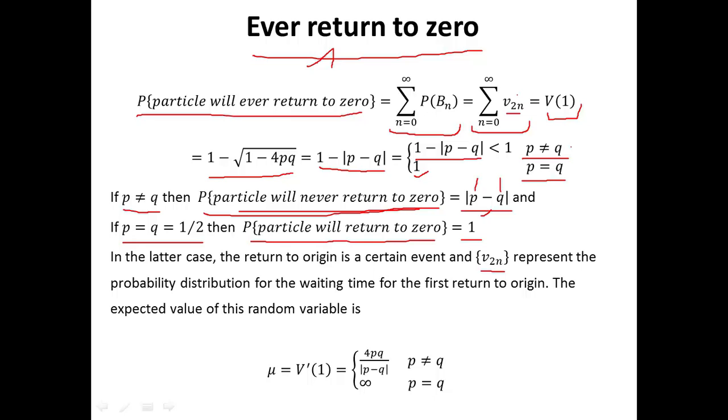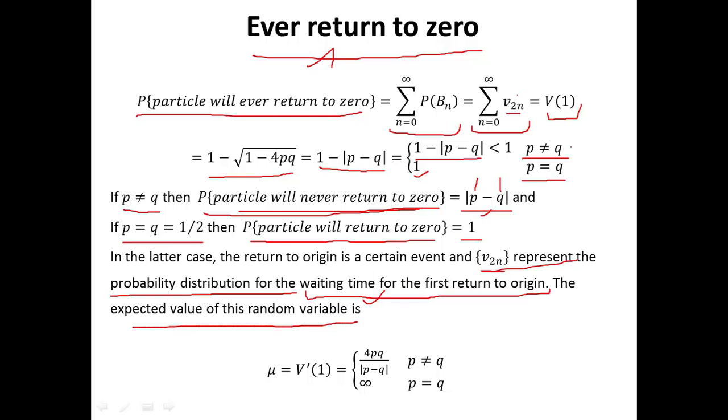It means after the 2nth trial, the particle will definitely return to 0, or we can say that v2n represents the probability distribution for the waiting time for the first return to 0.